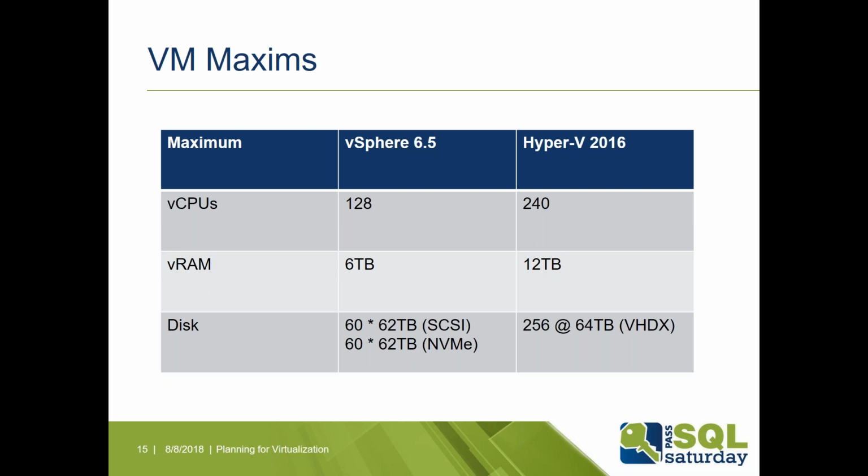And then RAM on VMware is 6 terabytes and up to 12 terabytes on Windows Server 2016. And then when it comes to disks, on the SCSI side, you can have 60 disks of up to 62 terabytes, and the same again for NVMe on vSphere, and then it's just 256 total by 64 terabytes in the Hyper-V world.